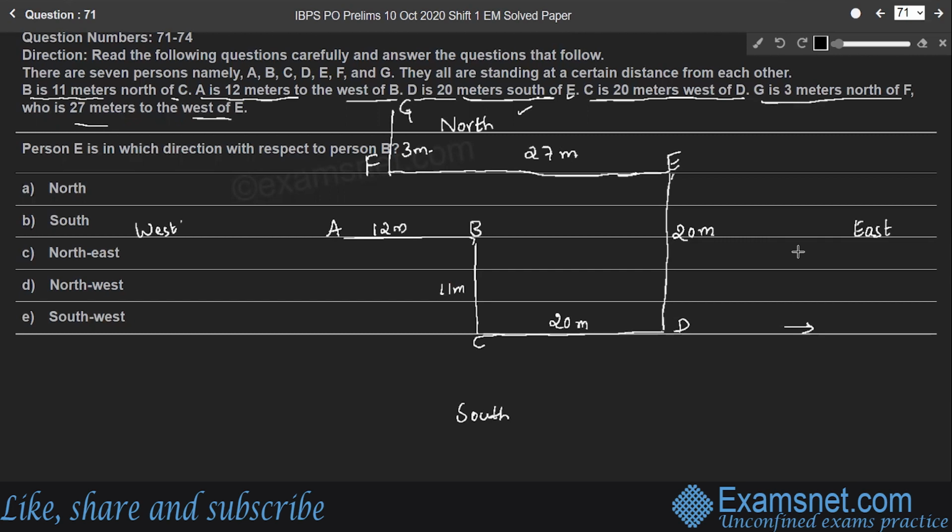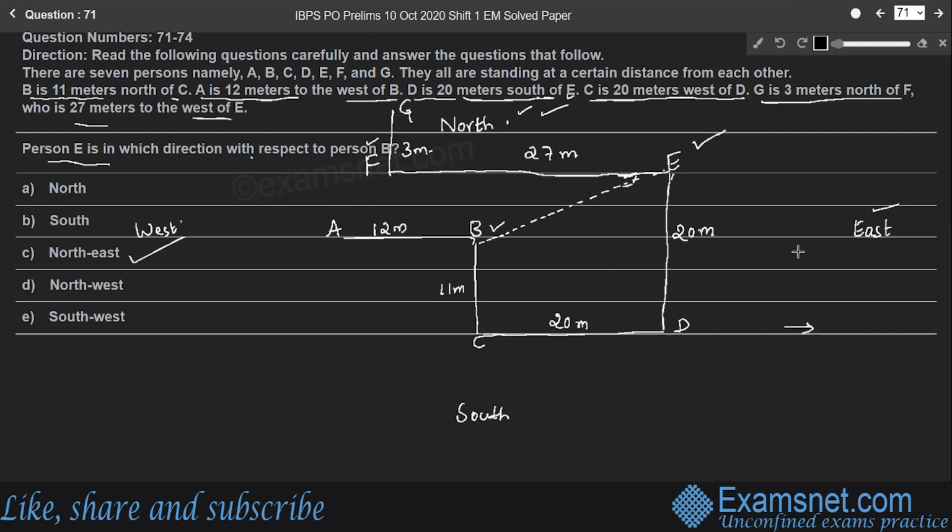Therefore, the question is, person E is in which direction with respect to person B? So person E is standing here. Person B is standing here. With respect to person B, the direction of E is northeast, right? Between north and east, the direction is northeast.